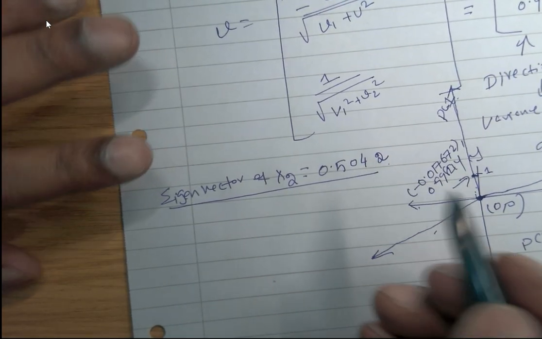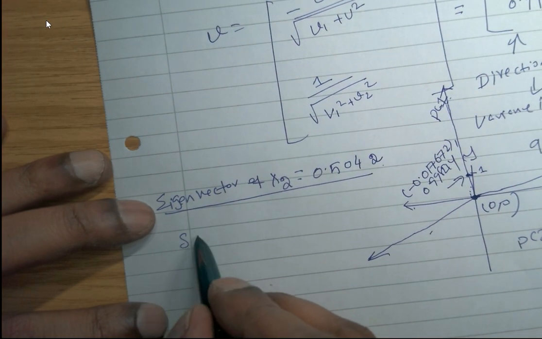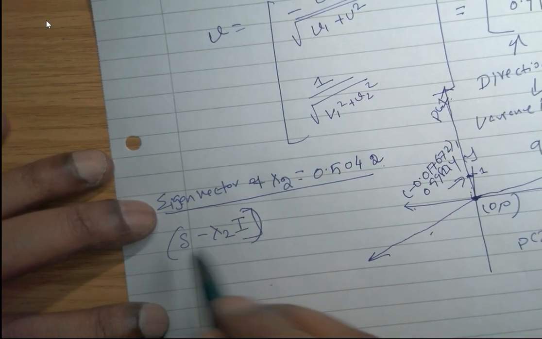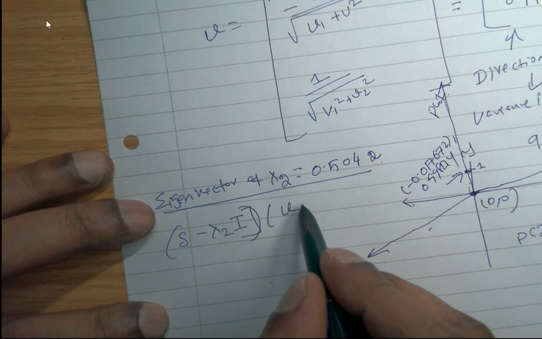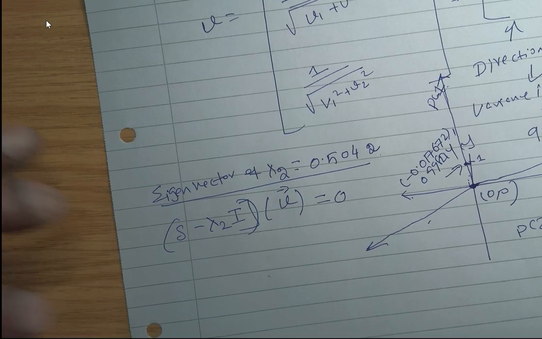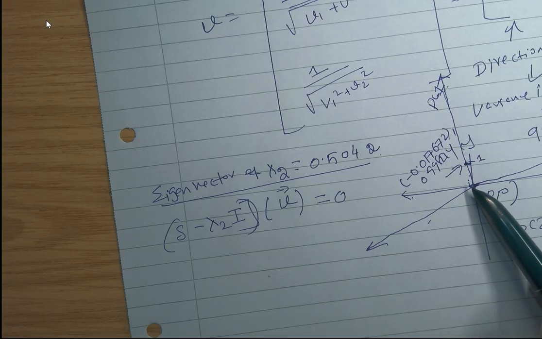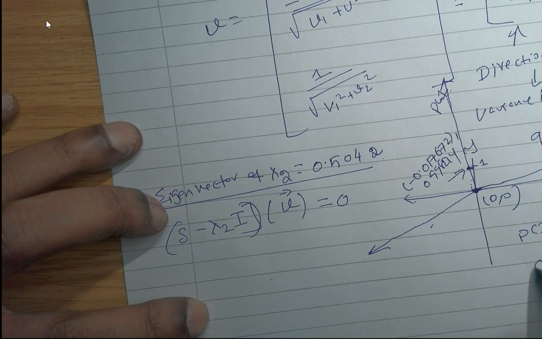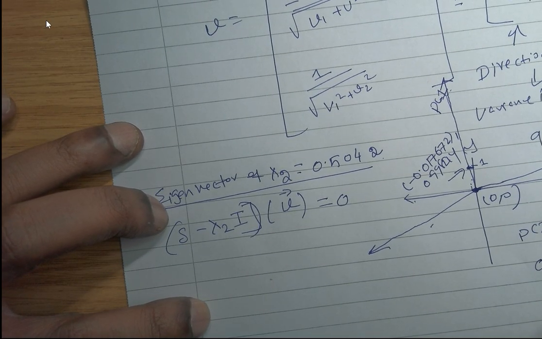And again you have to use the same formula, S minus lambda 2 into I, multiplied by V, which is a vector, should be equal to 0. That's something you have to calculate in order to get the direction of the second component, where we already know that the percentage of information captured is minimum, which is only around 0.003%.